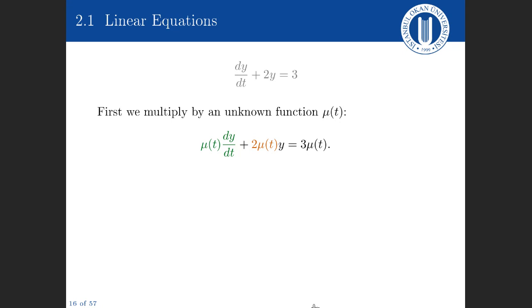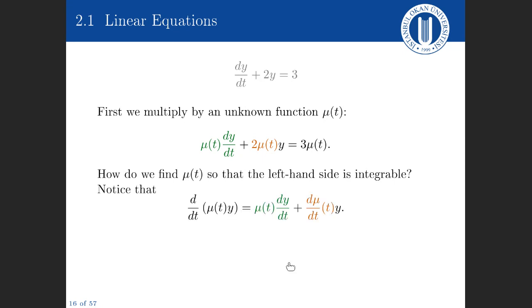And let's look at the left side of this equation. Mu t dy dt plus 2 mu t y. I want to find the special function mu t so that this left-hand side is integrable. Now notice that the left-hand side looks a little bit like this. The derivative of mu t multiplied by y by the product rule is mu t dy dt plus d mu dt multiplied by y.